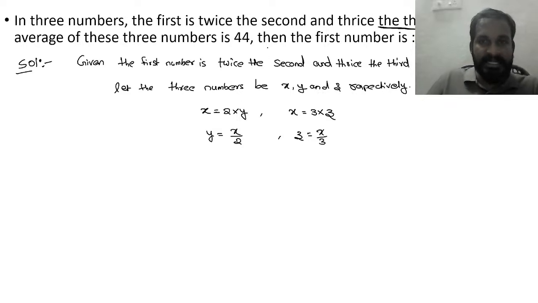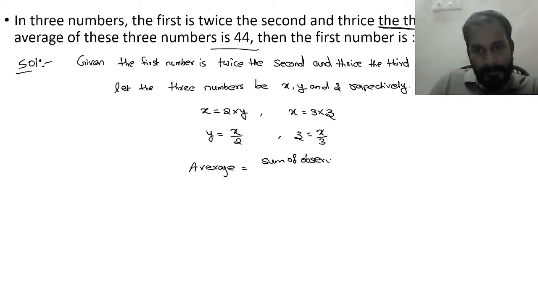In the question they have given us that the average of these three numbers is 44. So write down the average formula. Average is equal to sum of observations by number of observations.